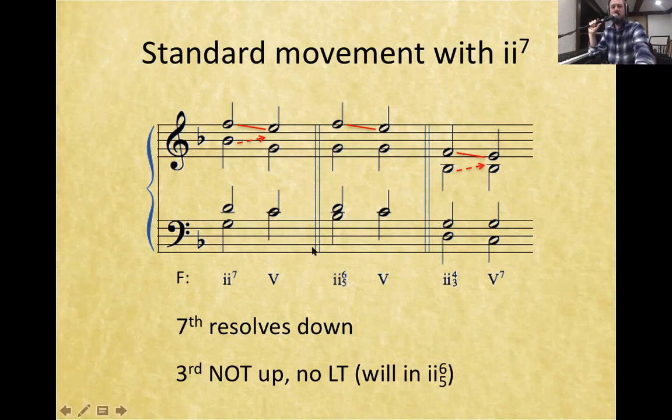And you can see all of these examples are moving to a root position 5 chord. That's by far the most likely outcome of any 2 chord, whether it's a 2/7, 2/6/5, 2/4/3, very likely that it's going to end up at a root position 5 or 5/7 chord.